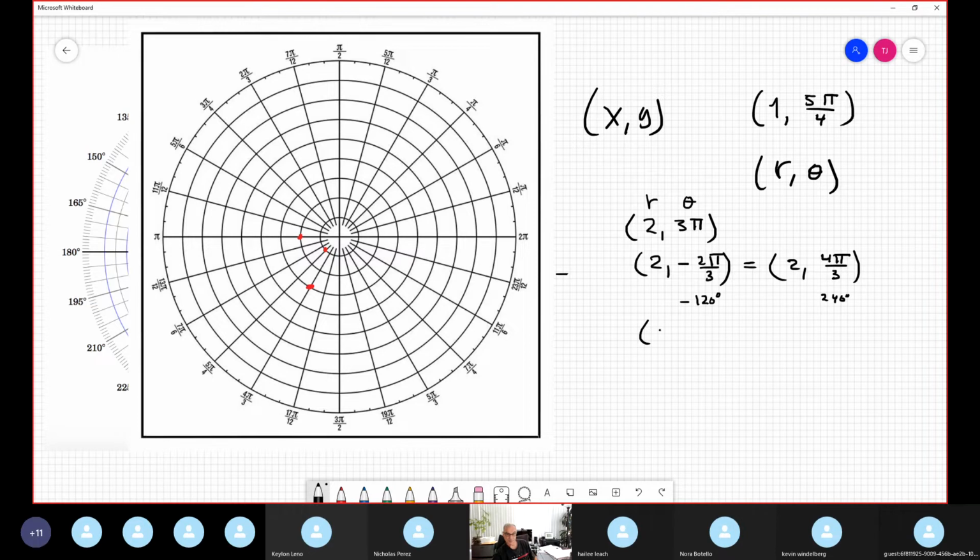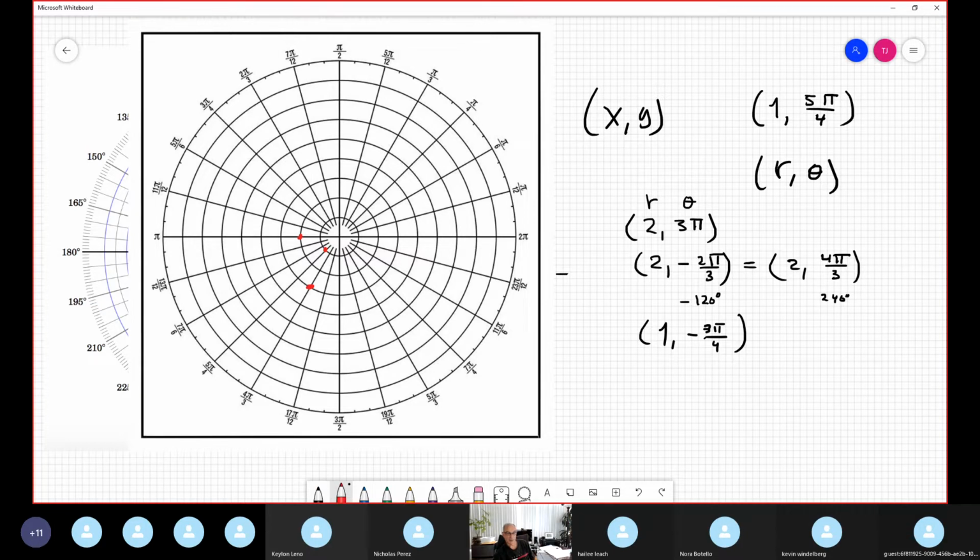Suppose 1 comma negative 3 pi over 4. Negative 3 pi over 4 is that one. And 1 here, I suppose 1, 1, 1, is in the first circumference.